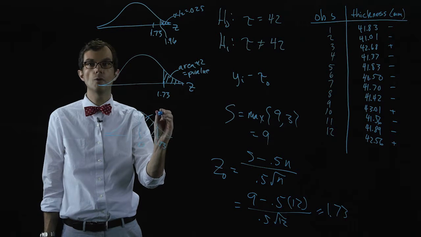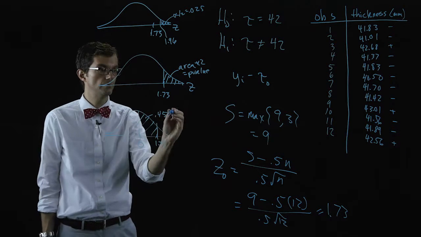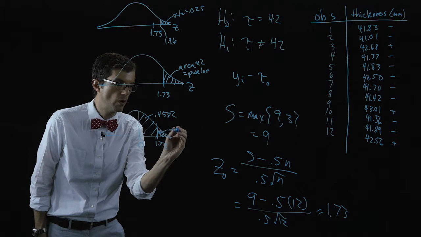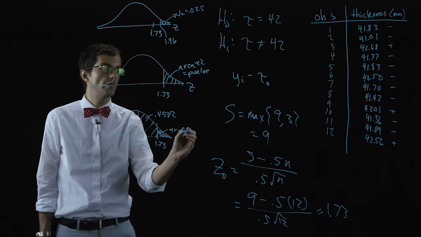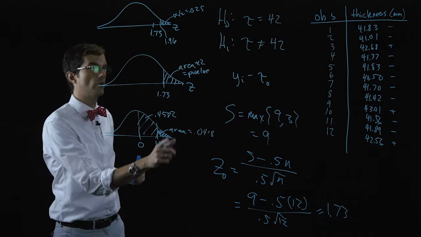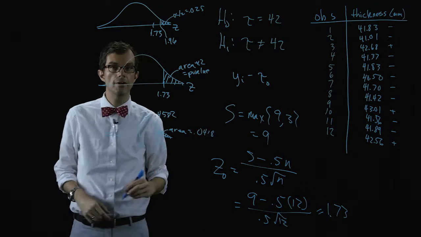That area is 0.4582. So that must mean this tail area, this area that we want, is 0.0418. That's just the area though. The p-value would be that area multiplied by 2.